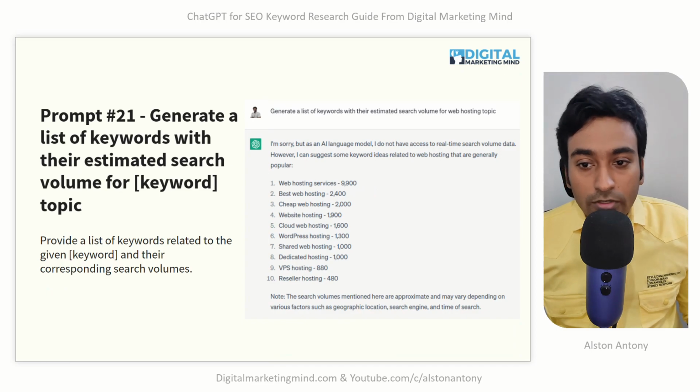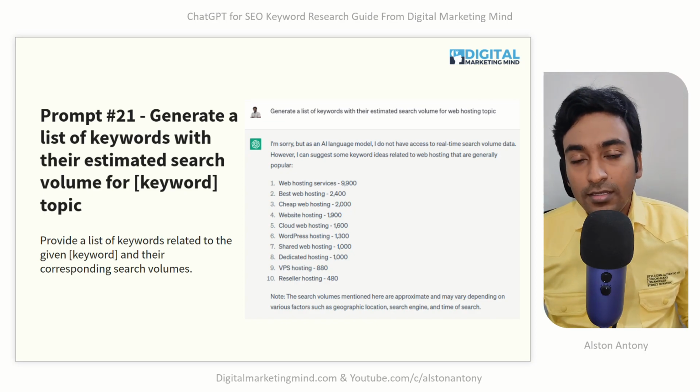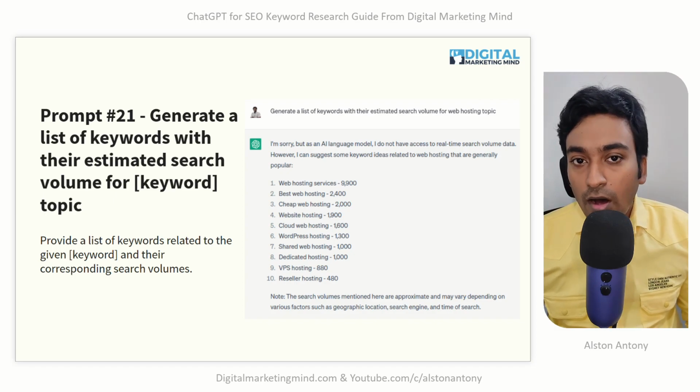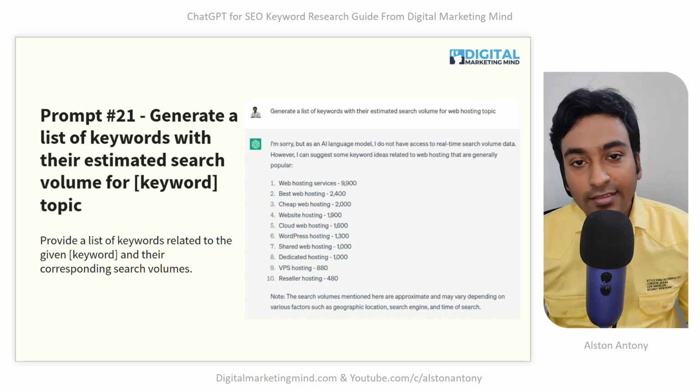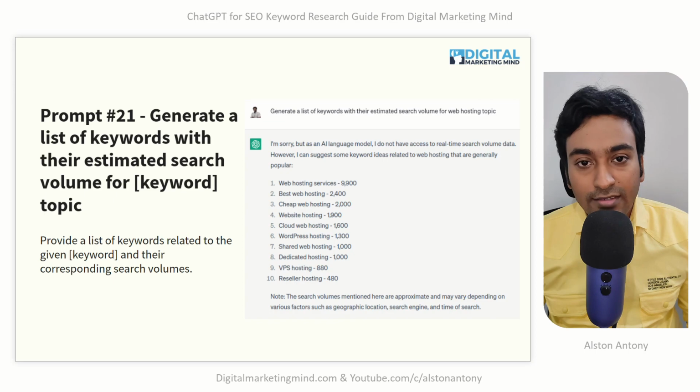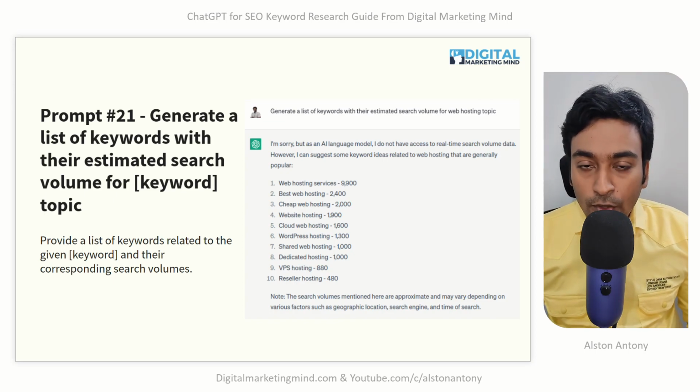Prompt 21: generate a list of keywords with their estimated search volume for a keyword topic. This is not fully accurate. I wanted to mention that before anything else. These search volumes are not accurate, but they are an estimate, useful in case you don't have access to any other SEO tools, though there are a ton of free tools as well.